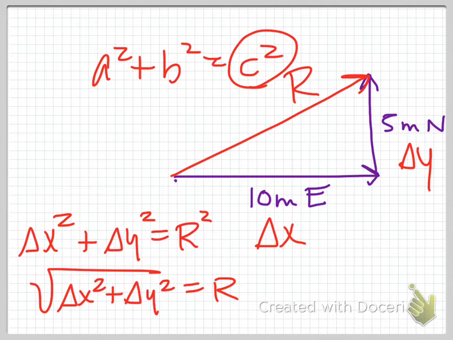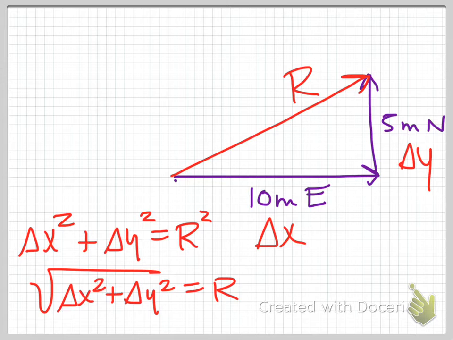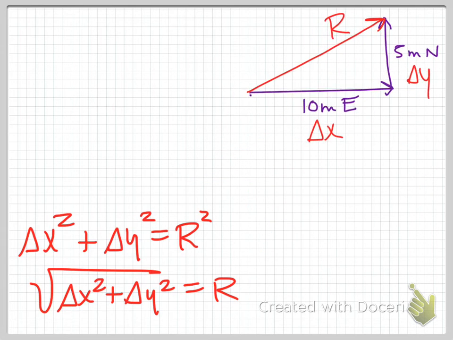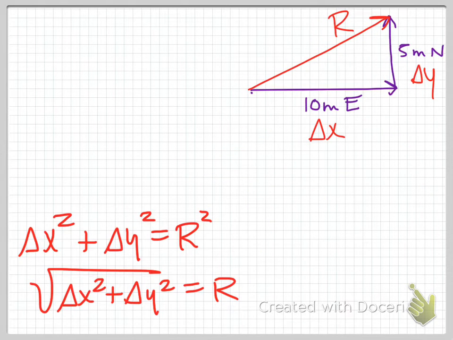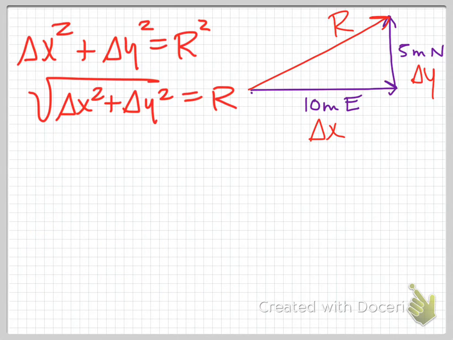Yes, I'm actually going to write that out. I'm not going to use A, B, and C because this is physics and we're doing work in the real world. So on a test, believe it or not, I give you a point for writing delta x squared plus delta y squared equals r squared. Sometimes, if I'm feeling really generous and I've had enough coffee when I'm grading, I give you another point for writing square root of delta x squared plus delta y squared equals r.